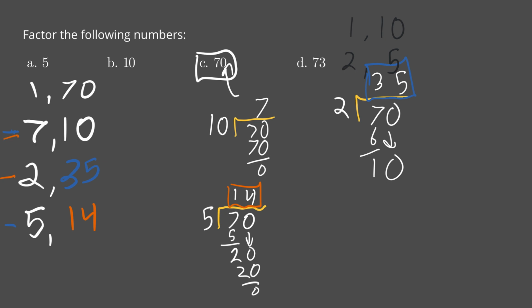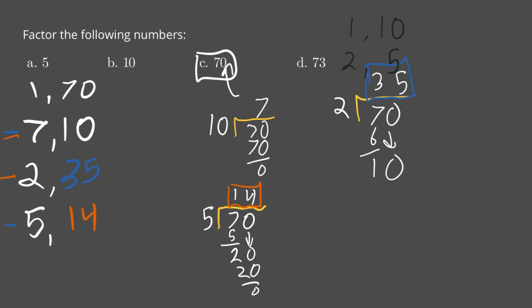The last thing we need to do is make sure that there aren't any other numbers that we can pull out of 70. Some common ones to look for are 3, 5, 11, and 13. Those are prime numbers that like to sneak into these types of problems that may surprise you when they're factors.